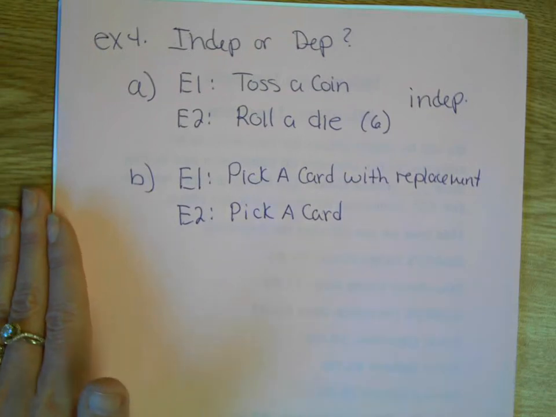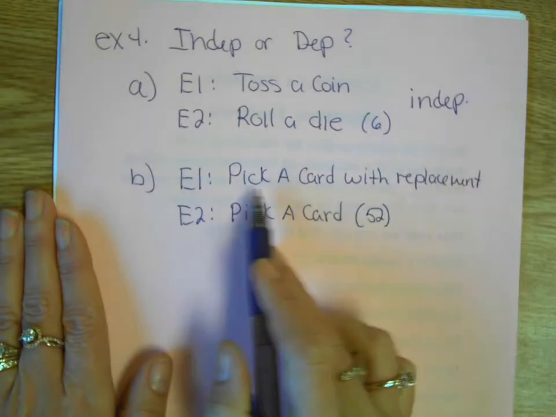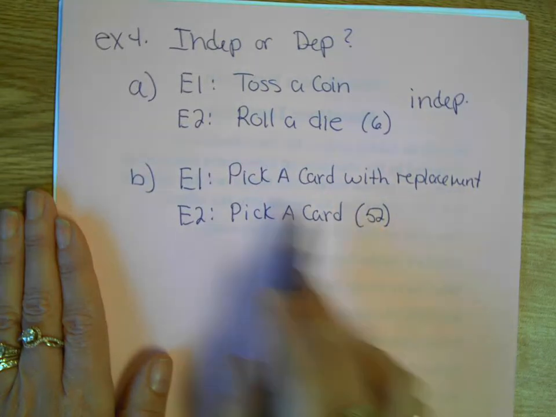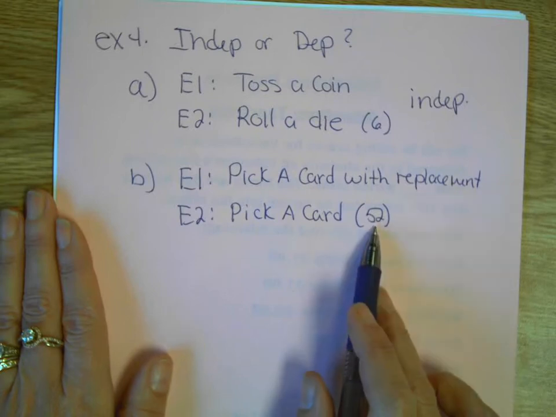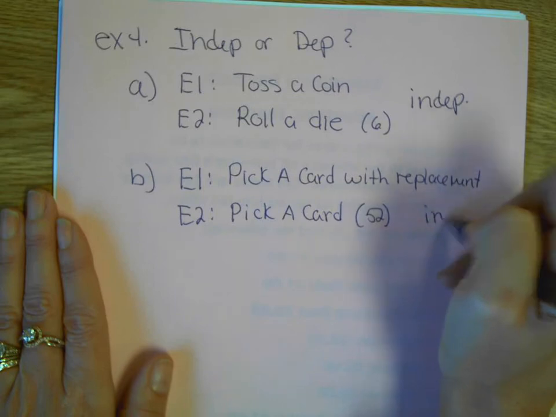So that second event, what's the normal sample space for picking a card? 52. Does event 1 reduce this sample space? If I pick a card, but then I put it back in the deck, has my sample space been reduced for the second draw? So these two events are independent.